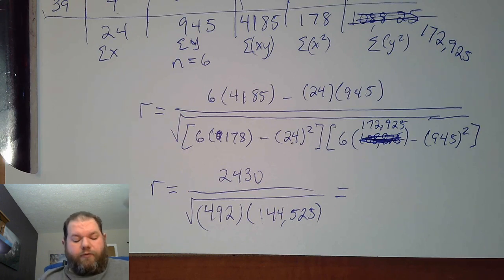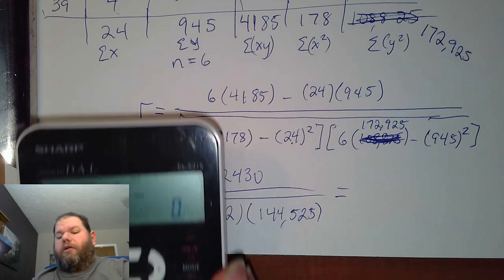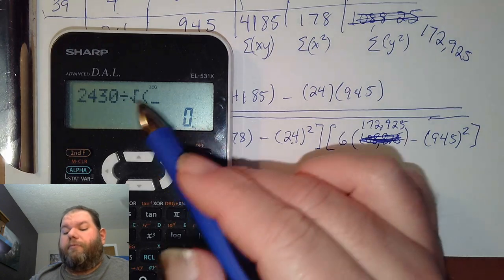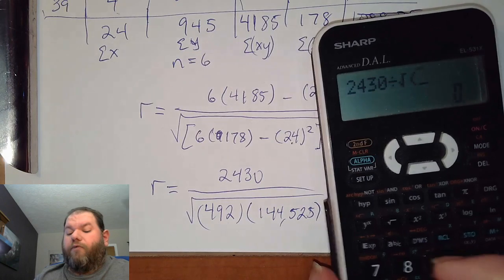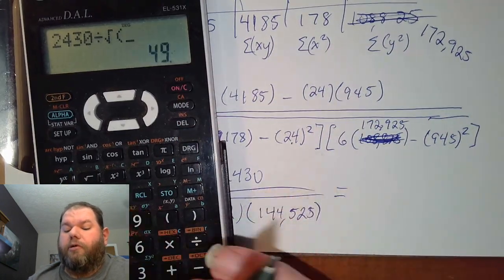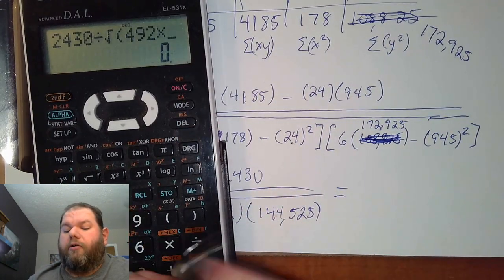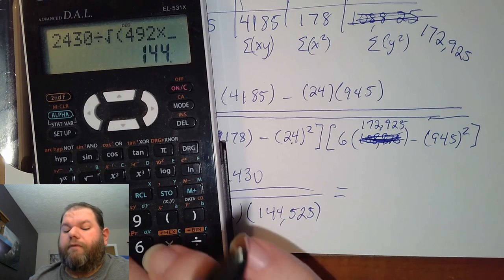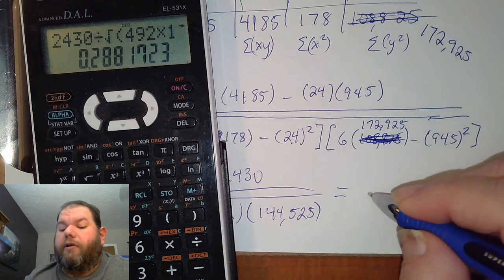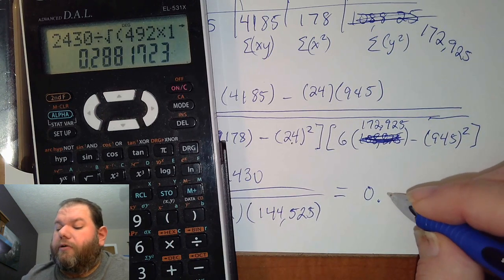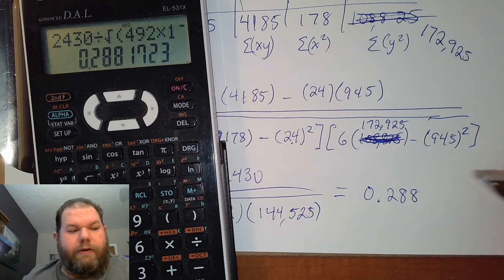So we take 2,430 divided by the square root, and I'll open in the square root, let's put parentheses there, so it'll be 492 is the first number, times 144,525, close parentheses, equals, so we get 0.288.